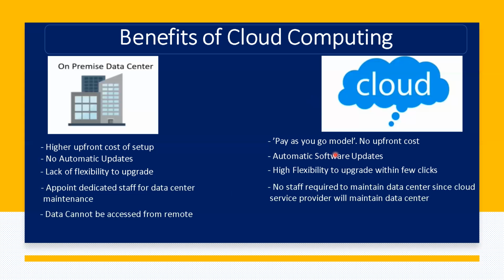And the data cannot be accessed remotely. See here, this is very, very important. It cannot be accessed from a remote environment. The on-premises data will be accessible only within that network or within that location. If I'm coming out from the office, for example, just imagine I'm working on the desktop.